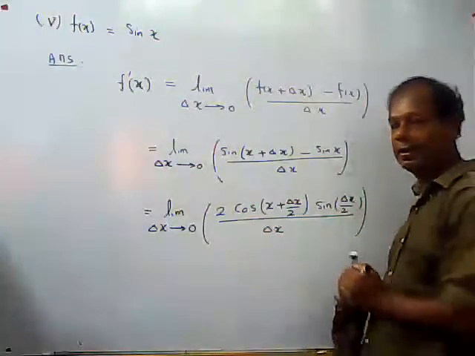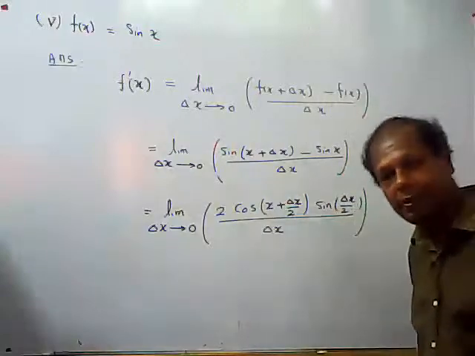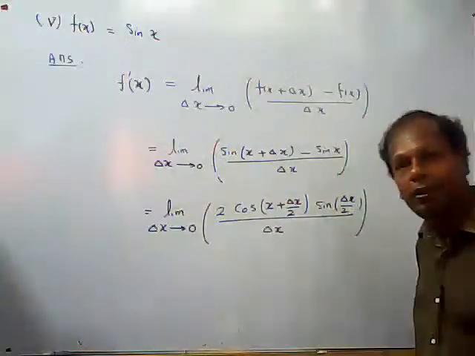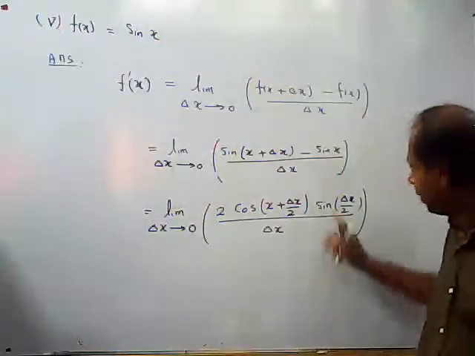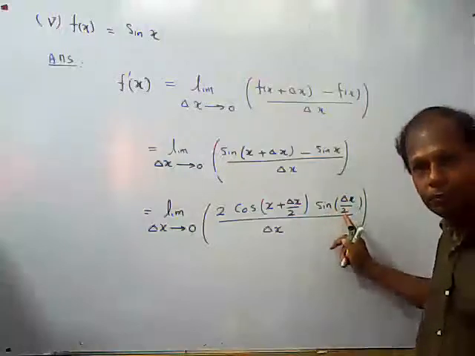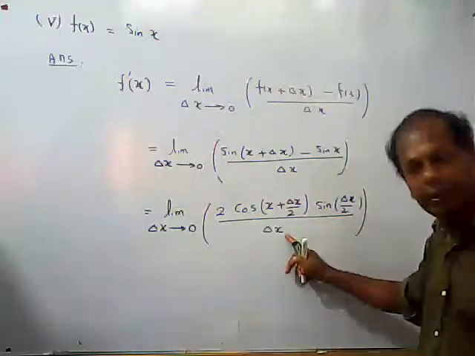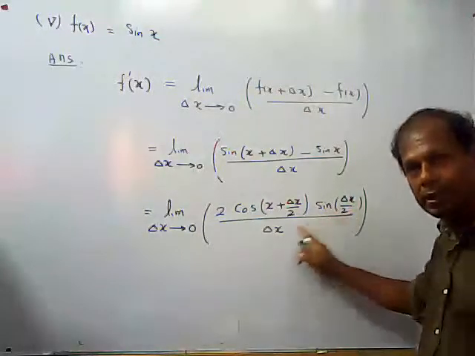Okay, now we have a chance of applying the theorem here. So it's sine of delta x over 2. We can take it together with delta x, and we can take that part separately. Sine of delta x over 2 over delta x.